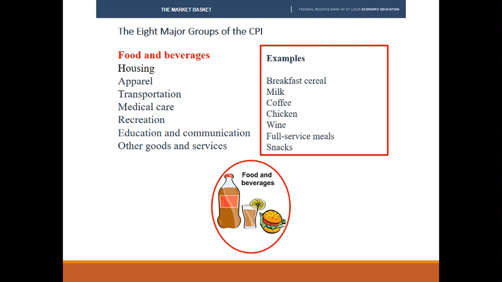So food and beverage, most important to understand, it includes groceries and consumer staples as well as restaurant meals. Right? So my McDonald's breakfast yesterday and my breakfast cereal lunch yesterday are both lumped in here. You can imagine that maybe restaurant meals might be down in recreation or something, but it's in food and beverages.